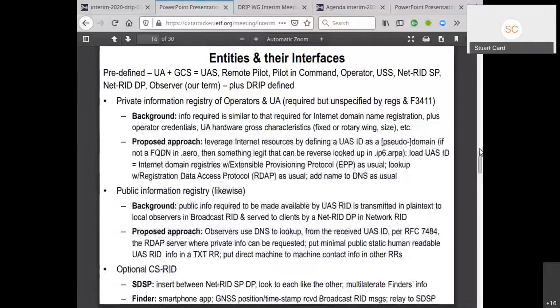It's widely anticipated that some form of registry function will be performed by the USSs, but that will not be the end of the story, because the USSs are primarily there to serve the UAS operators, and other constituents may need to turn to things other than a USS to get the services that they need. I don't know if that was an answer to your question or not, Phil.